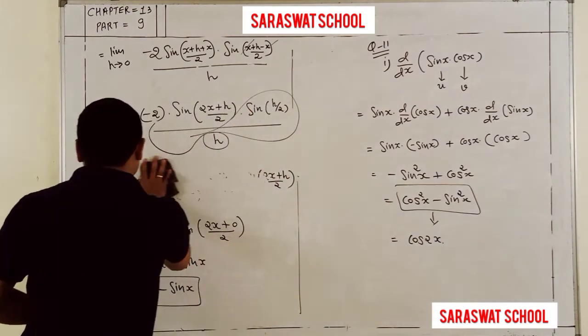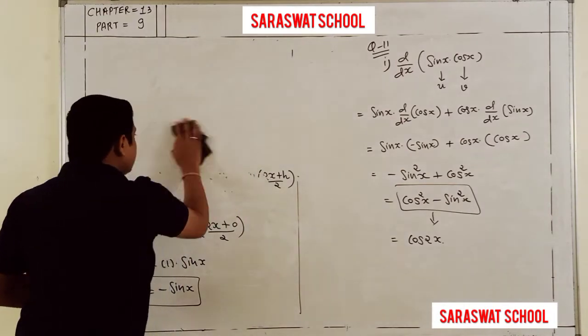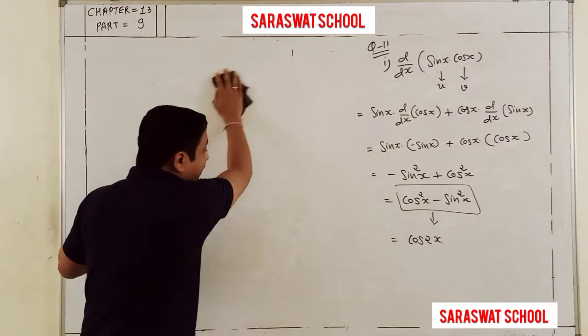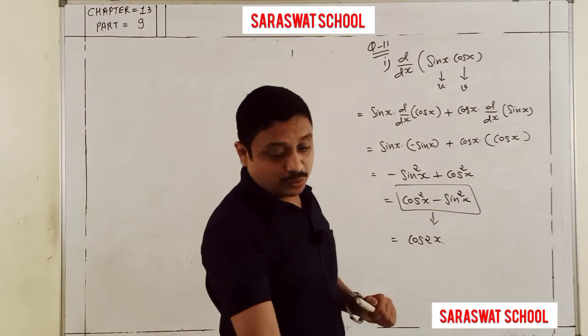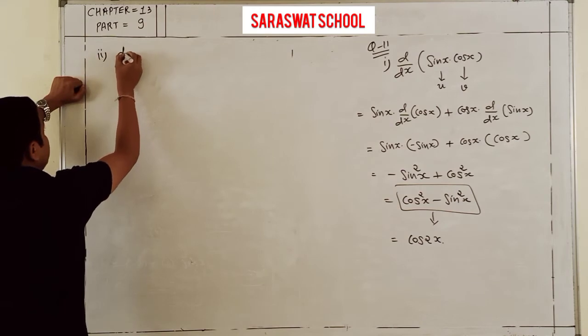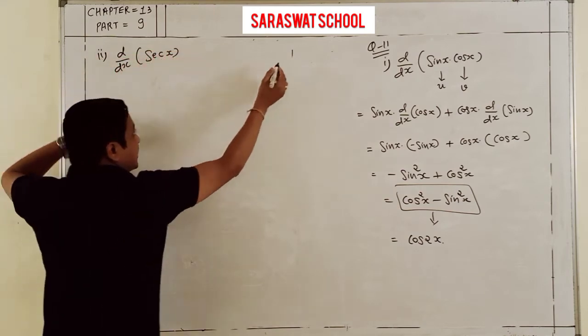Continue with the second one. Students, the question is asked using only the working rule. If it asks properly by the principle, then go to the principle rule. Second, d dx of sec x. Only sec x, so you find the sec x derivative.